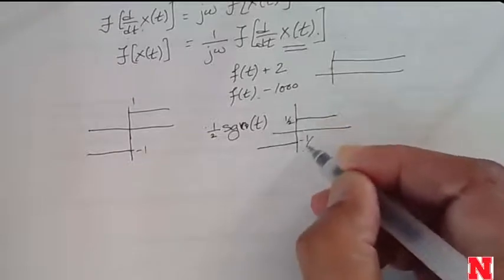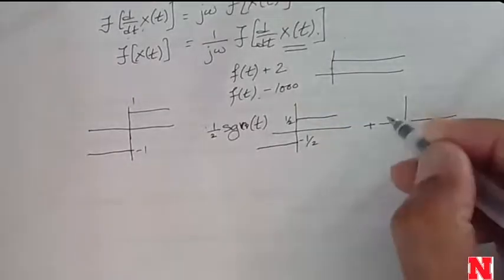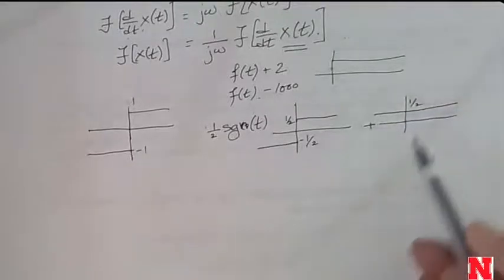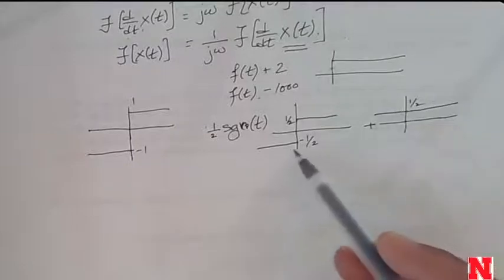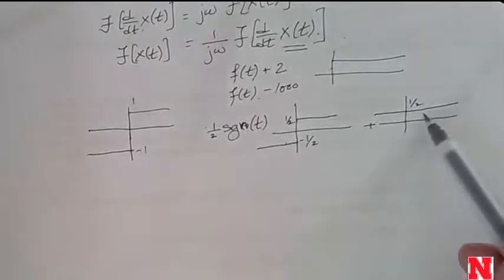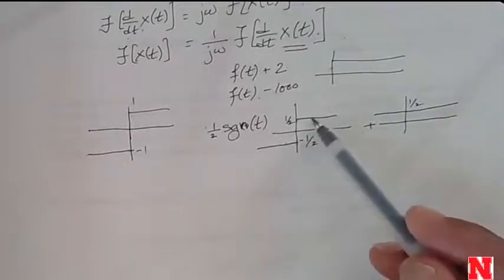Half and minus a half. And then if I add to it the constant value of a half, then what's going to happen? For t less than 0, I'll get plus a half, plus minus a half, and that'll give me 0. For t greater than 0, I have plus a half, plus a half, that'll give me 1.